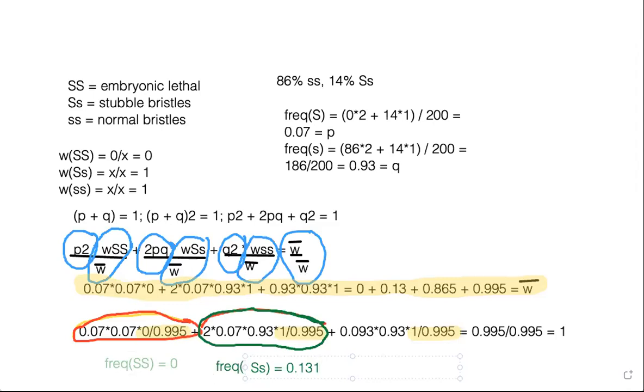So our frequency of heterozygous flies is going to be 0.131. Our frequency of big S flies after one round of selection is going to be still 0.